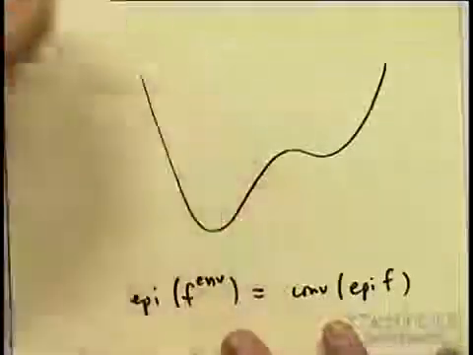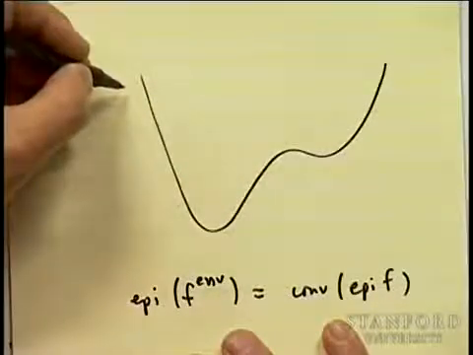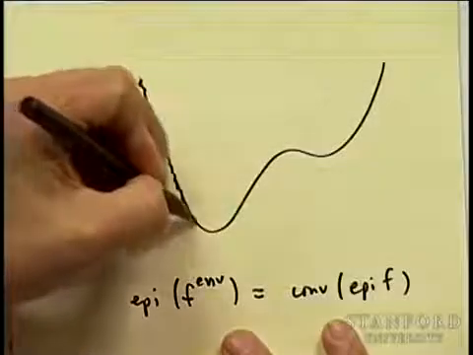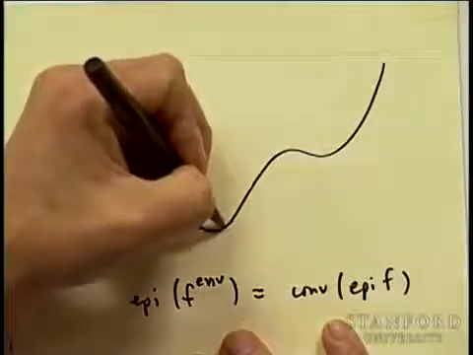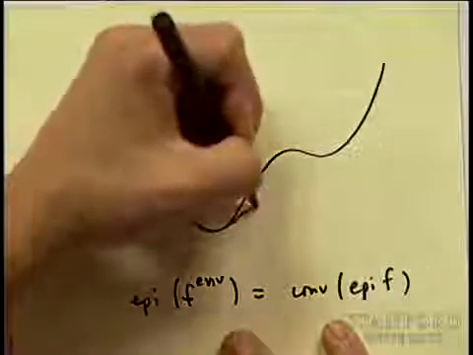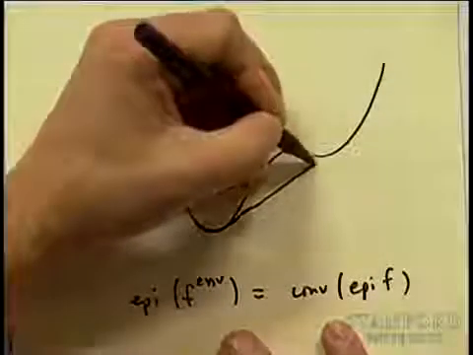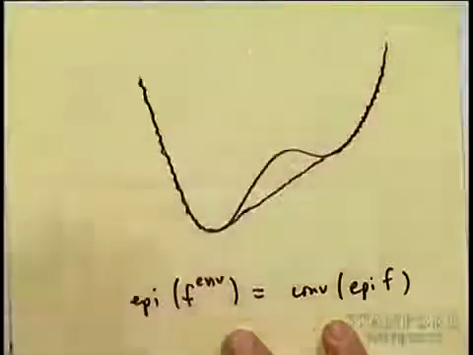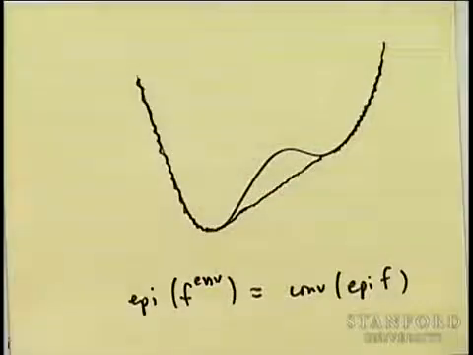So let's sketch here the convex envelope of this function. Well, it's going to look like this. It's the function itself out here. It turns the corner, and then it goes like this, and then it hugs the function again. Make sense?